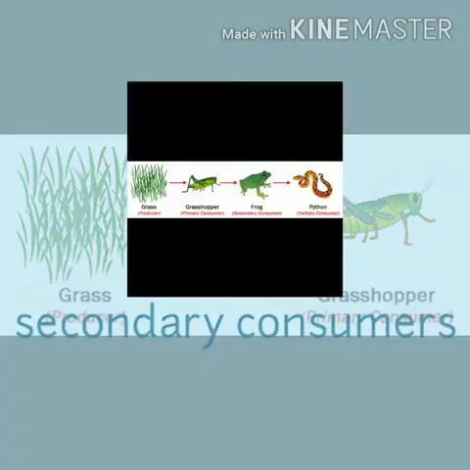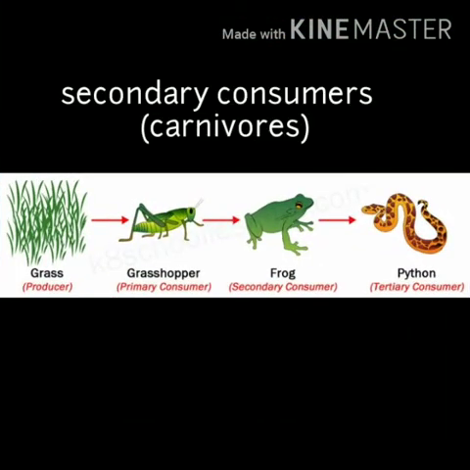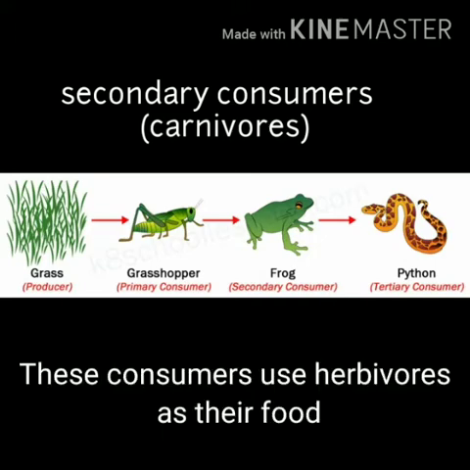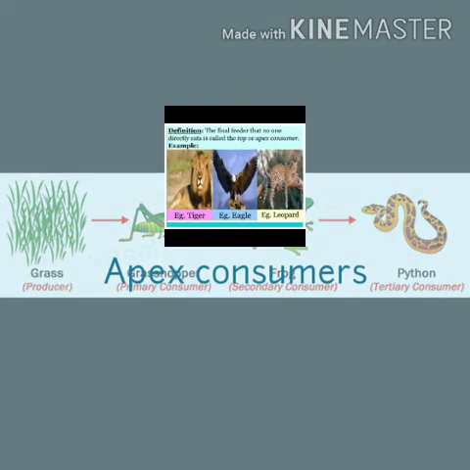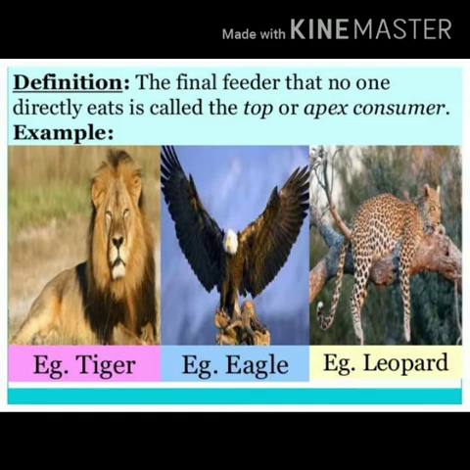Then we have secondary consumers, that is carnivorous. Example: frog, owl, fox, etc. These consumers use herbivorous as their food. Next we have apex or top consumers, again as carnivorous.